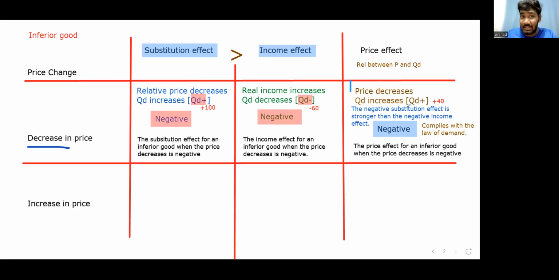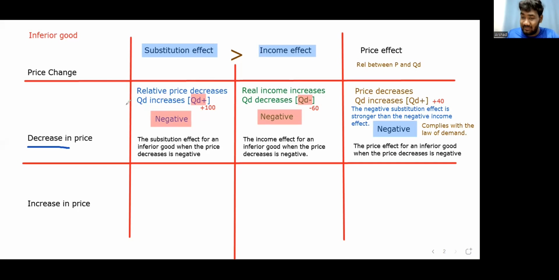I came to that conclusion because in an inferior good, the substitution effect is much stronger than the income effect. What does that mean? For an inferior good, when the price decreases, the substitution effect is saying QD has to increase.